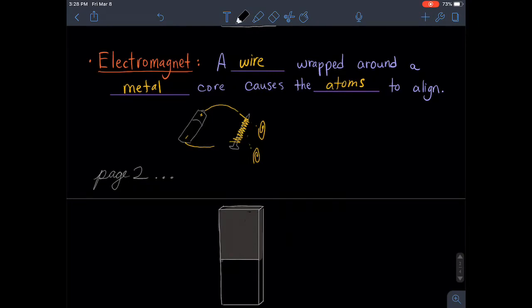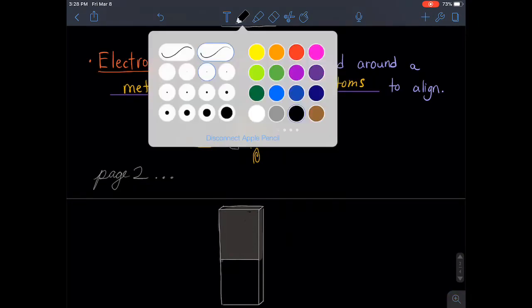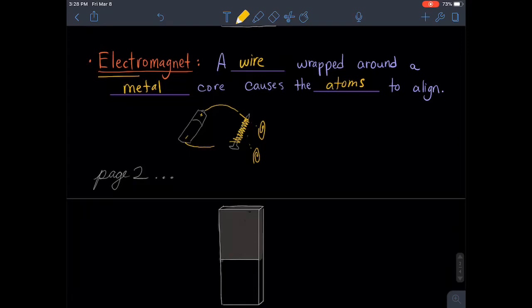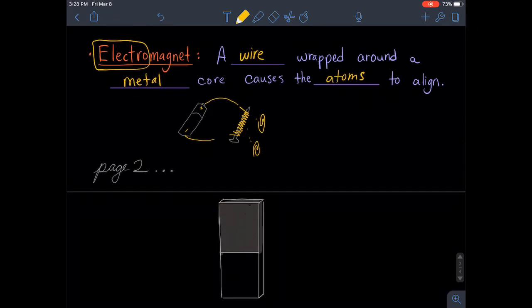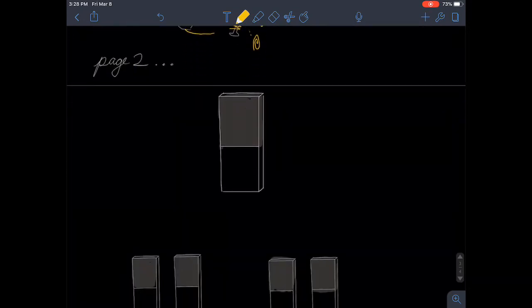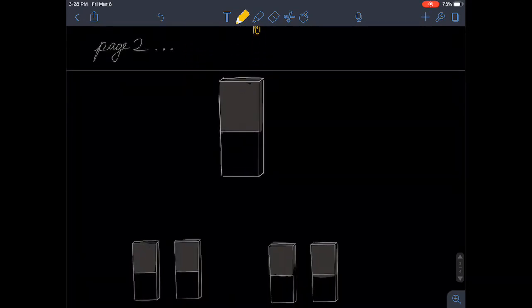So the electricity is required, and that is why it is called an electromagnet, because you have to have electricity flowing through the wire, which is wrapped around an iron core, and then it becomes magnetic. If you look in the SciFlix, you can find some videos of some pretty cool, pretty strong electromagnets. Take a look.